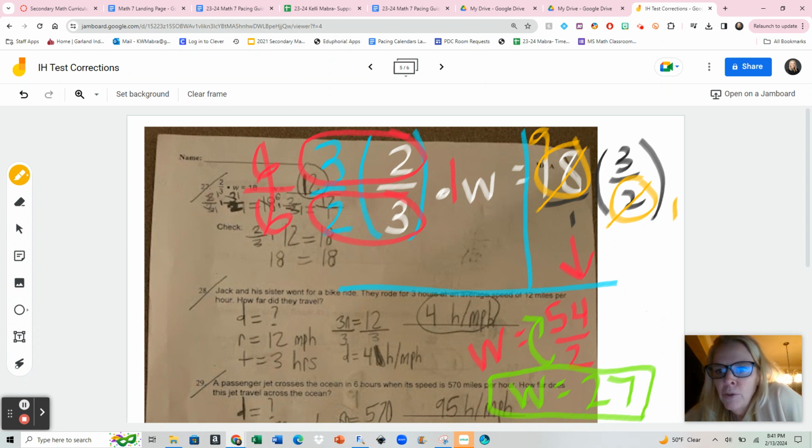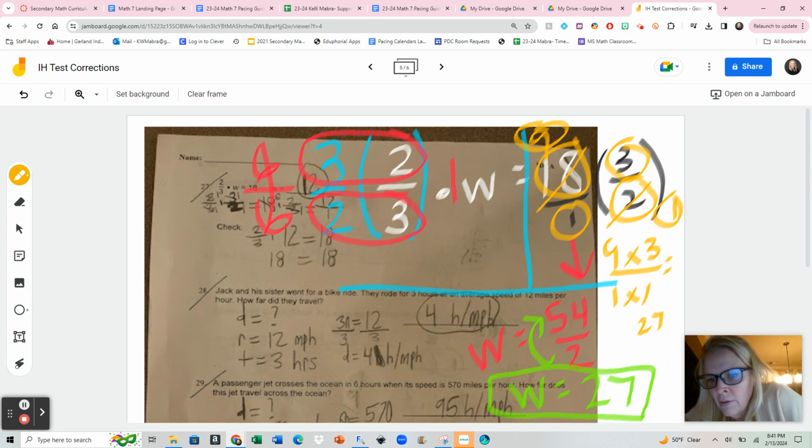So now my numerators are 9 and 3, so 9 times 3, and the new denominator is 1 times 1, which equals 27 over 1, which is also equal to 27. That's how you do that one.